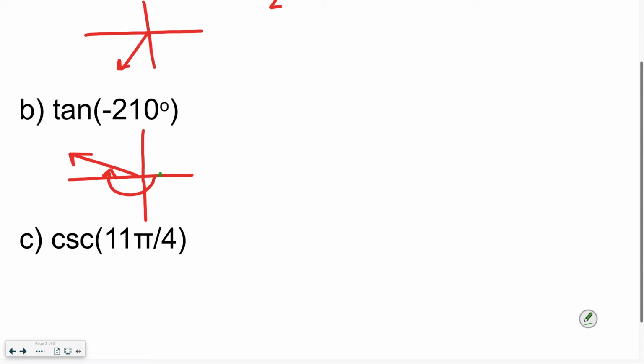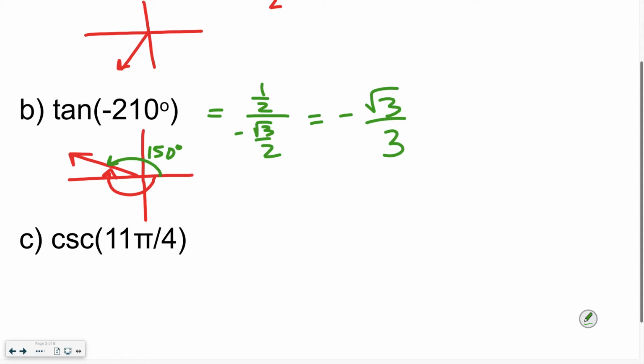So if we look at a positive 150 degrees, okay? Gracie, how do we determine the tangent ratio? Okay, so we have to take sine over cosine to get negative radical 3 over 3. Right? The 2's cancel, and we have 1 over radical 3.